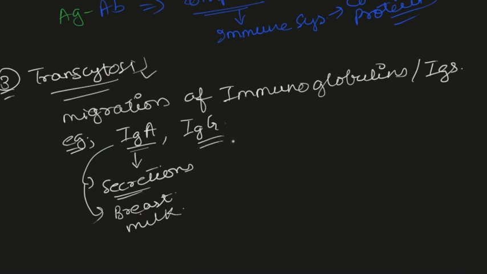Similarly, IgG crosses the placenta, and that movement is also called transcytosis. So this was all about today's topic, the structure and function of the immunoglobulin.